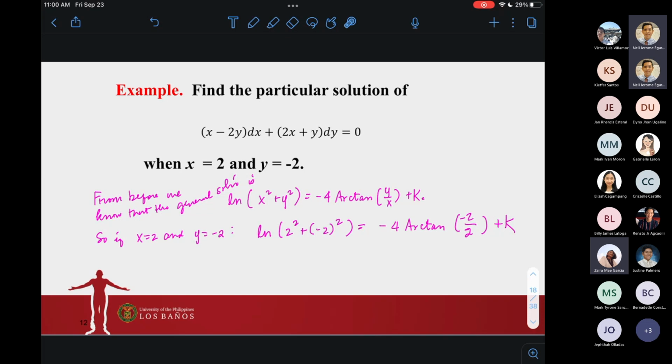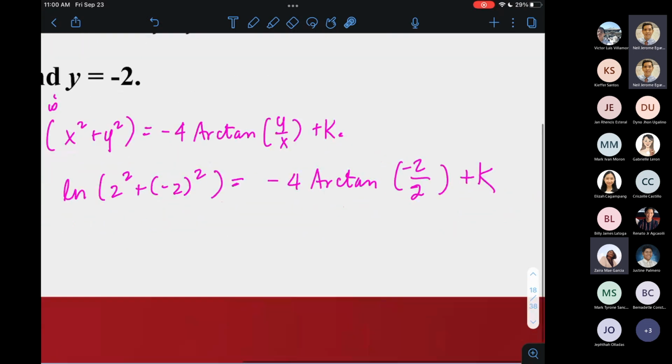So that means, again, from the general solution, replace all x's and y's by the respective initial values. And then from there, we'll compute for the corresponding constant capital K, right? So here we'll have ln ng 4 plus 4, ln ng 8, okay? Equals negative 4 arctan ng negative 1. Anong arctan ng negative 1?